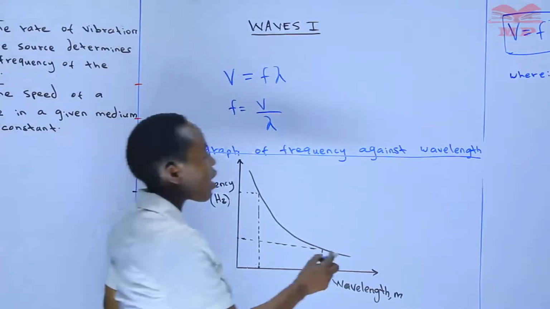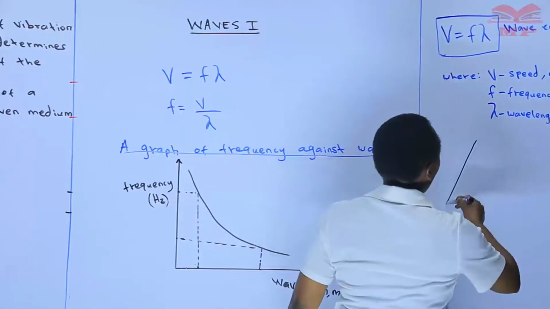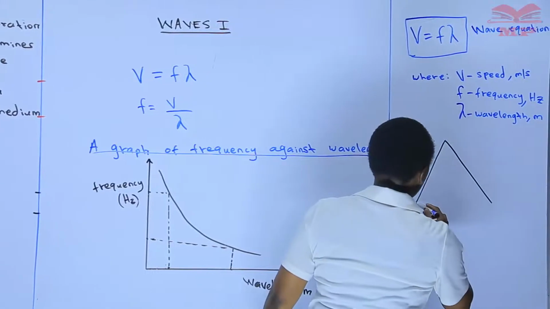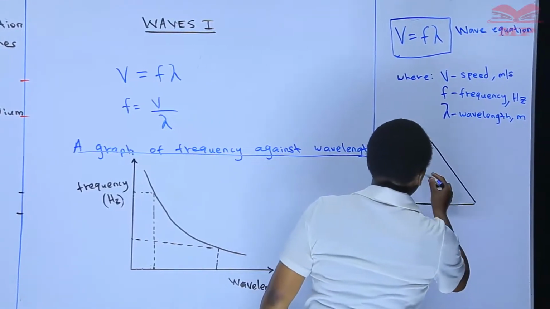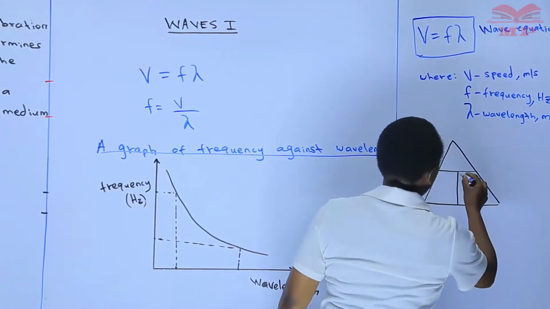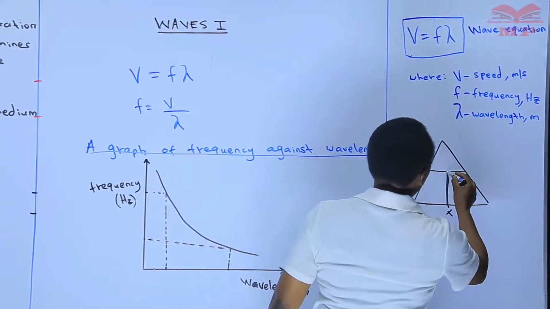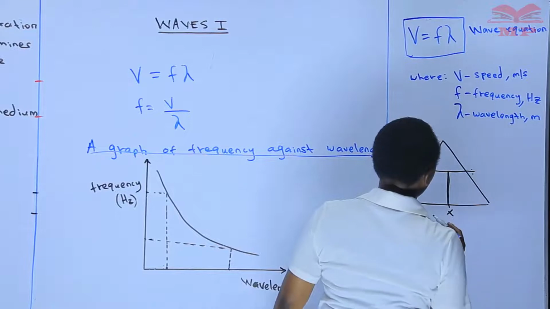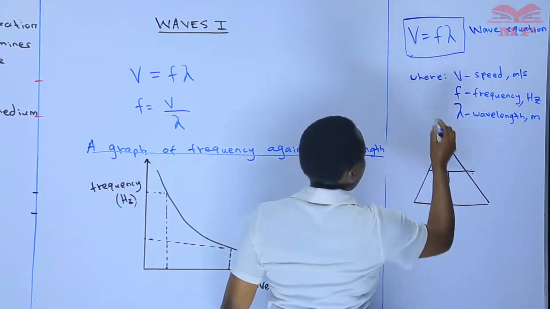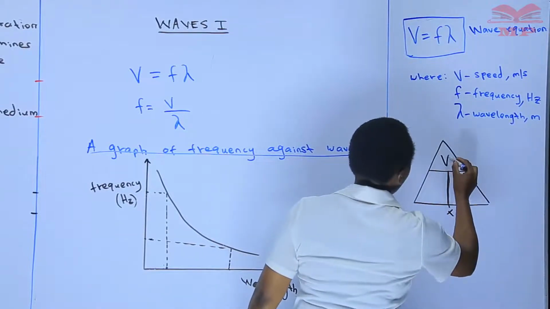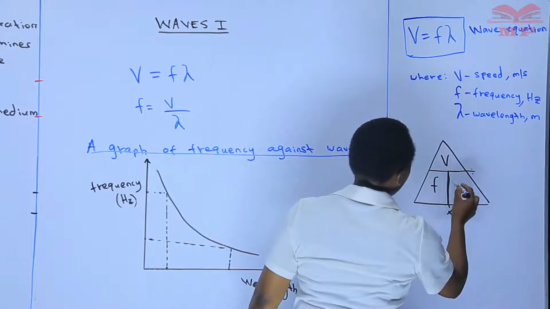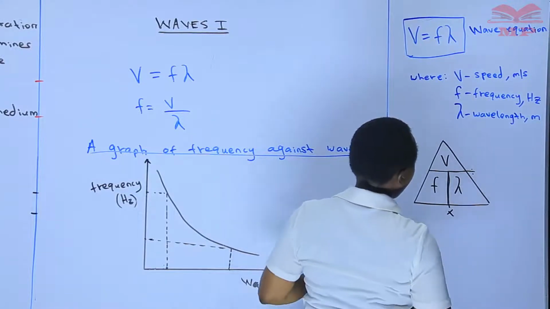We can even have a triangle whereby we can relate the three. The vertical line means multiplication and the horizontal line means division. So V is equal to frequency multiplied by wavelength.